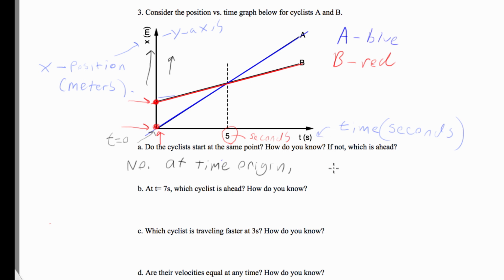So at the time origin, I know that B is at a more positive location, or a higher location. More positive, I think, gets the idea pretty well. Not really location, we want to use position because that's what it says. It's a position-time graph.